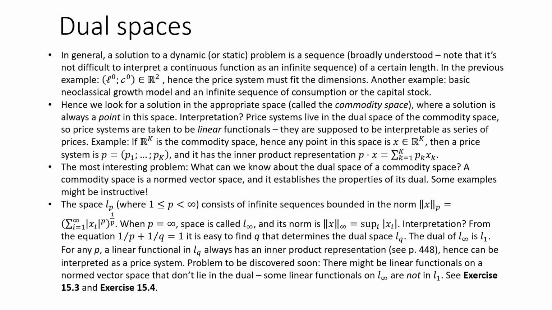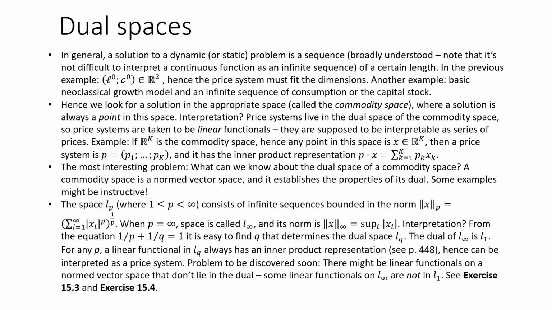So we will see very soon, on the basis of the two welfare theorems, that we can find linear functionals on L infinity which we cannot interpret as price systems because they don't lie in L1. If they were in L1, we could interpret them as price systems, but we cannot.